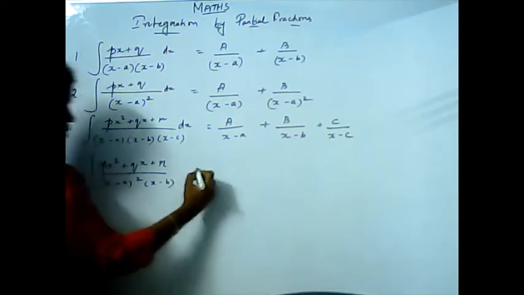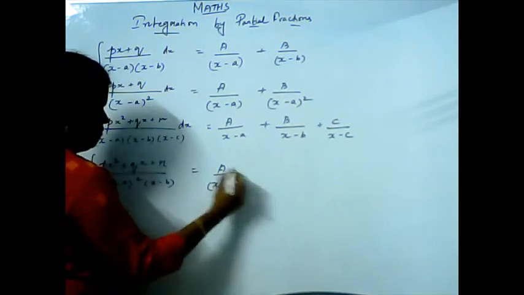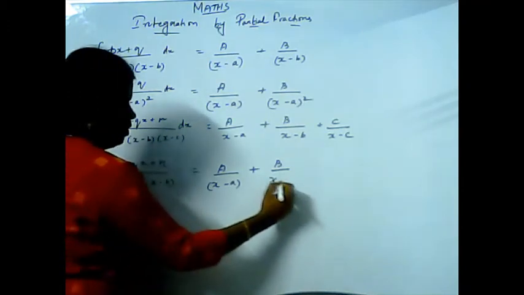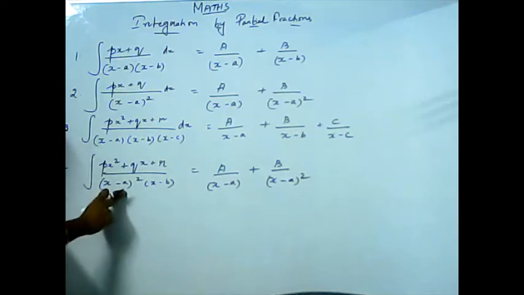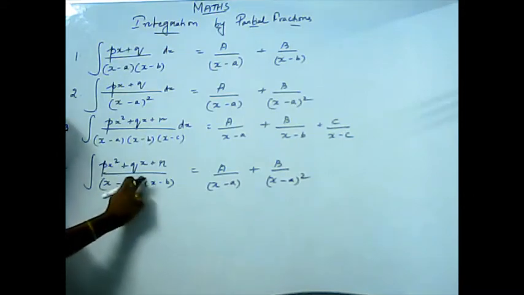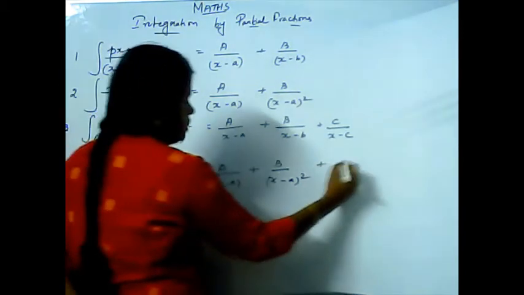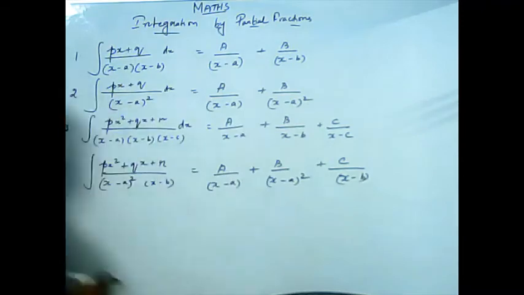How do you represent it? As A/(x - a) + B/(x - a)². How we did for the second form, the same with the square term. Here you've got the square term. So A/(x - a) + B/(x - a)² plus another variable C/(x - b). So this is how you rewrite it.